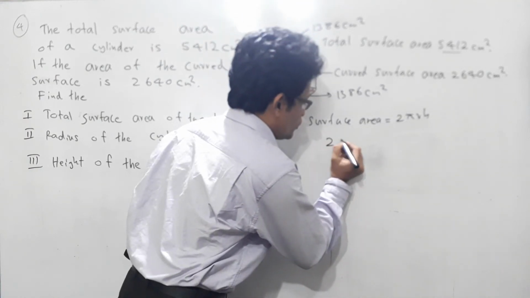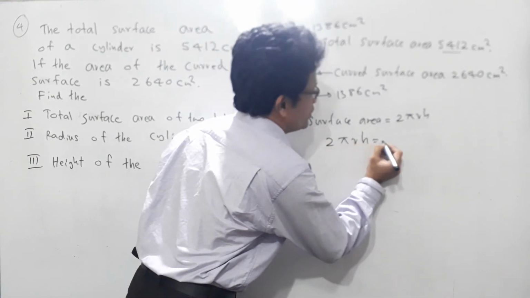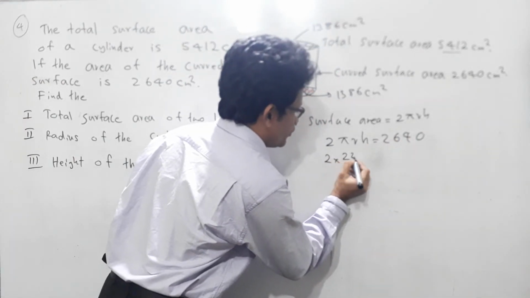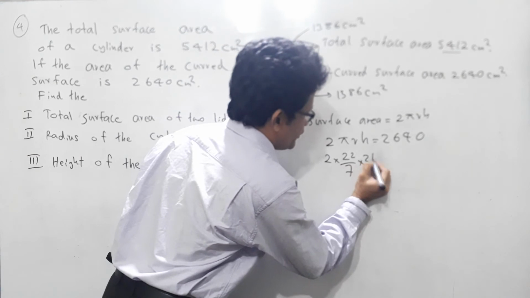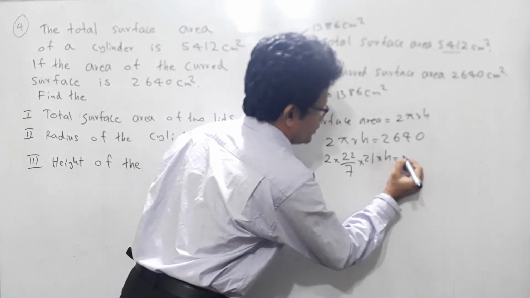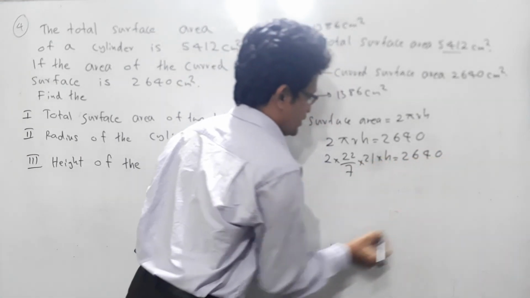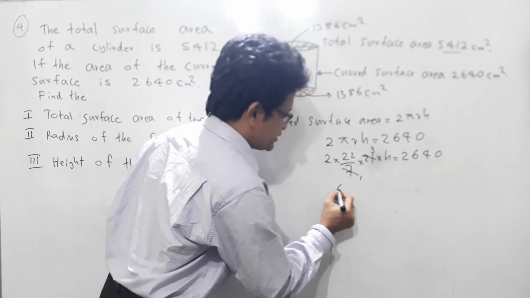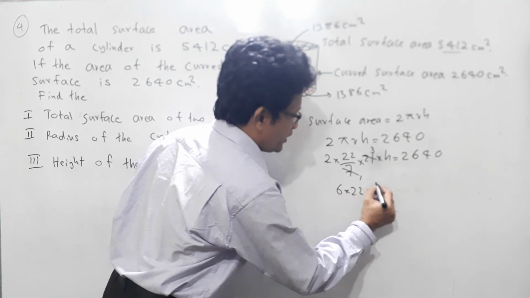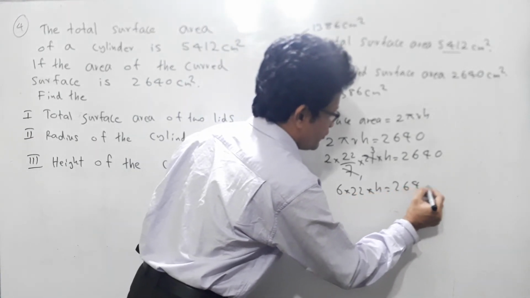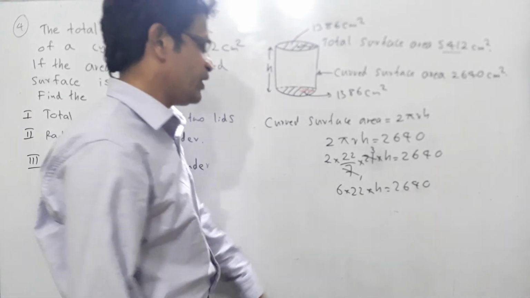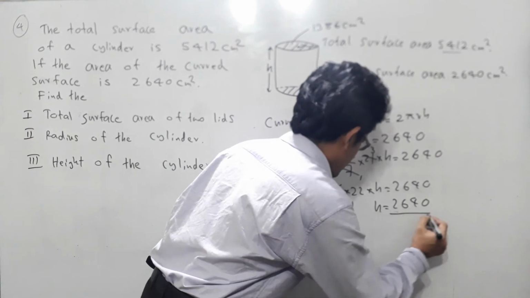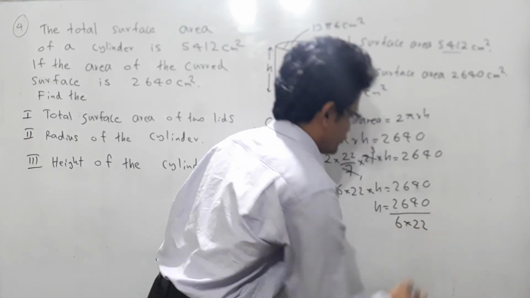So we can write 2 pi r h equals 2640. Pi means 22 over 7, r is 21, into h equals 2640. 7 into 3 is 21, 2 into 3 is 6. So 6 into 22 into h equals 2640. Now we have to find the value of h: h equals 2640 divided by 6 into 22.